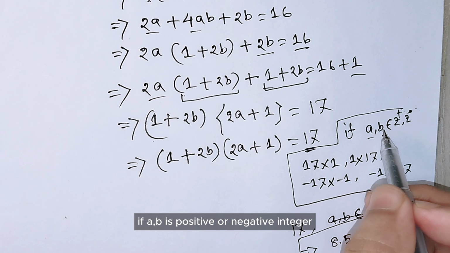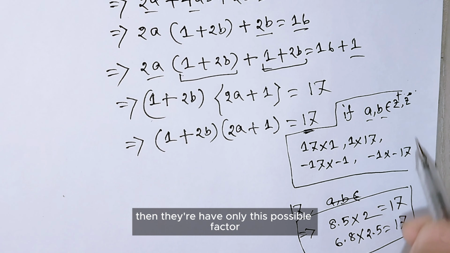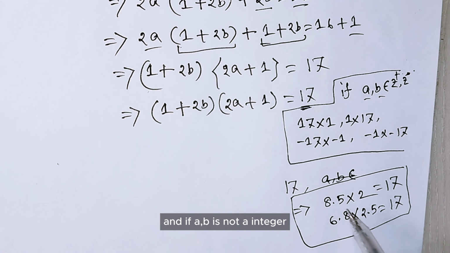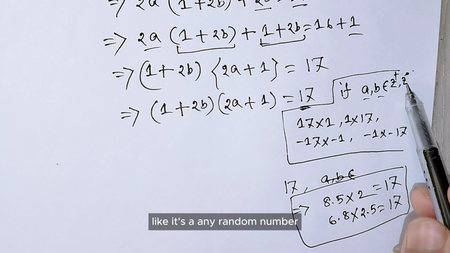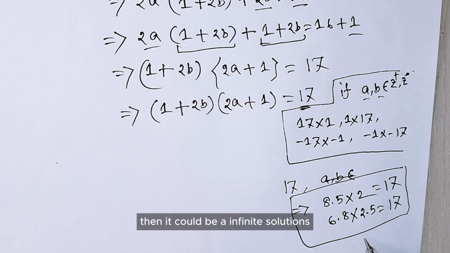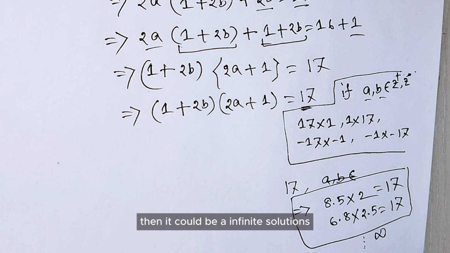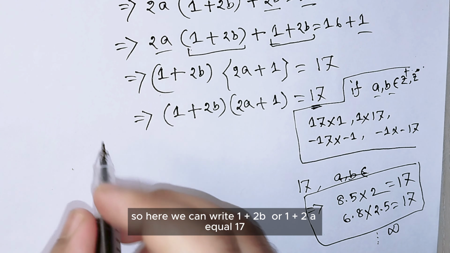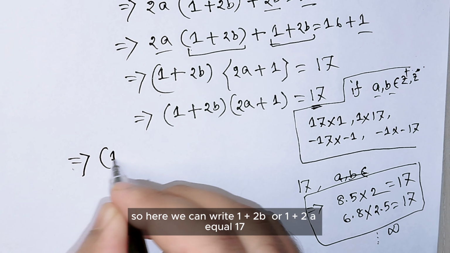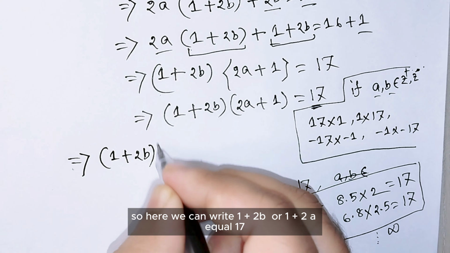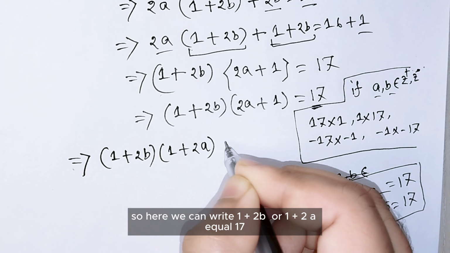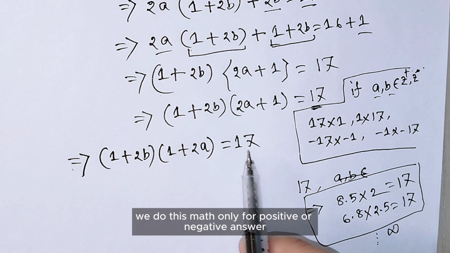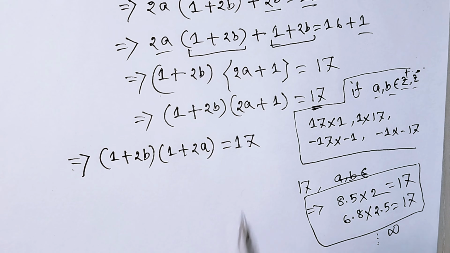If a and b are positive or negative integers, then there are only these possible factors, and if they are not integers, like any random number, then there could be infinite solutions. So in this math we take only integers. So here you can write (1 plus 2b) times (1 plus 2a) equal 17.